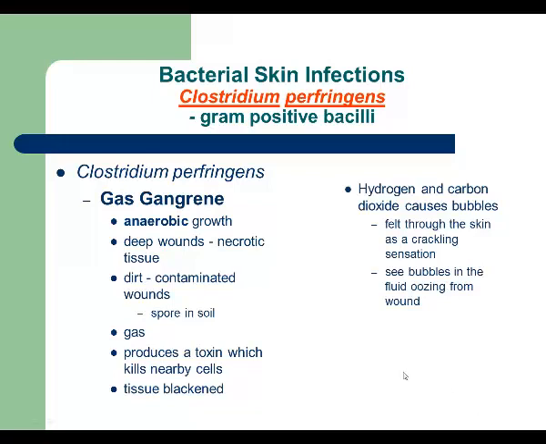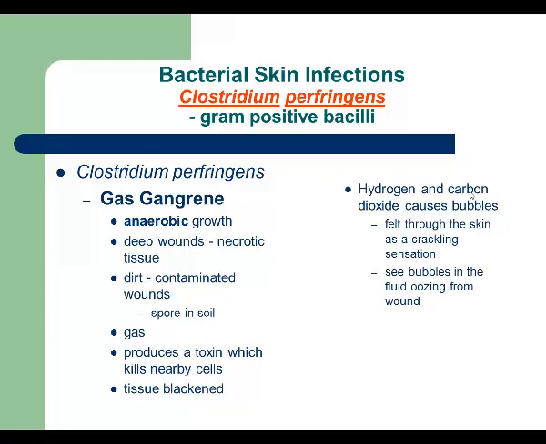Now, why is this infection called gas gangrene? Because the end product of metabolism of Clostridium perfringens is gas. This bacterium produces two types of gas, hydrogen and carbon dioxide. So basically, if you look at the skin that covers damaged areas, you will see that the skin is very tight on that surface.